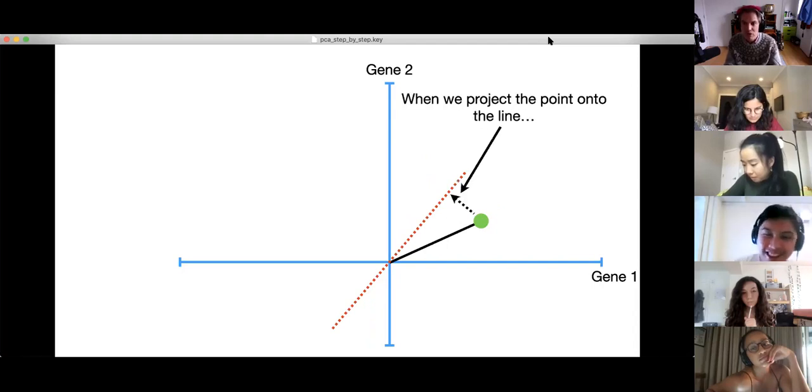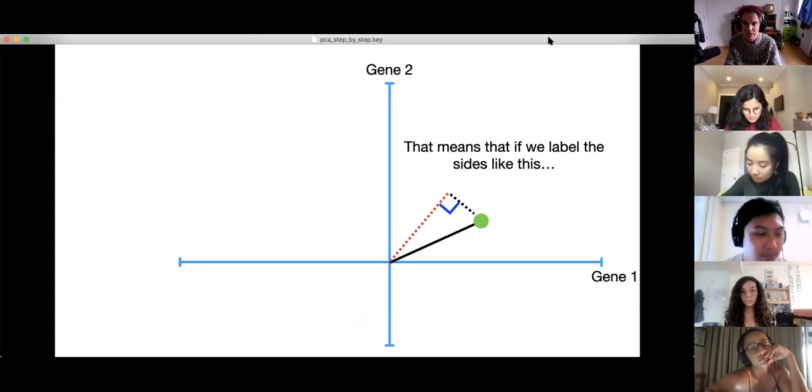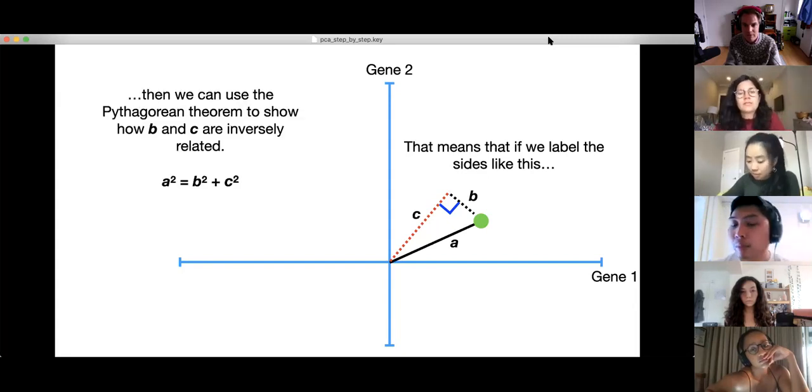When we project the point onto the line, and remember we're doing a perpendicular projection, we get a right angle between the black dotted line and the red dotted line. And that means that if we label the sides like this, A, B, and C, then we can use the Pythagorean theorem to show how B and C are inversely related.